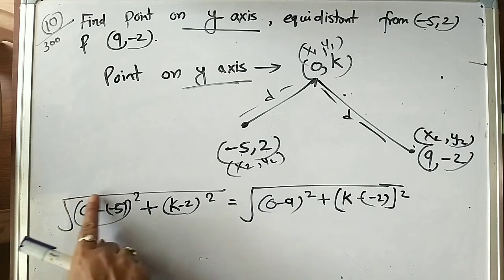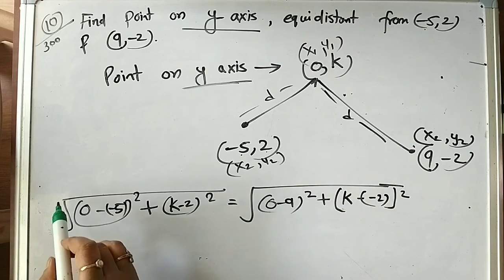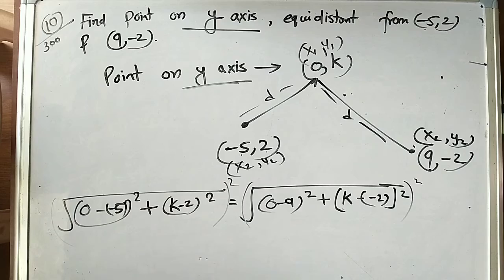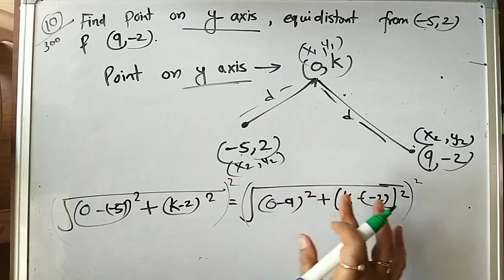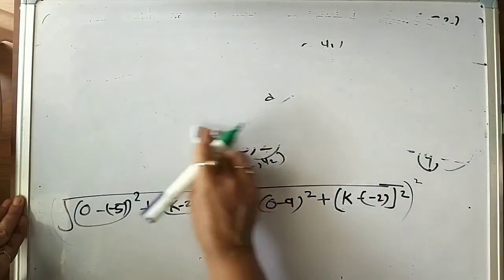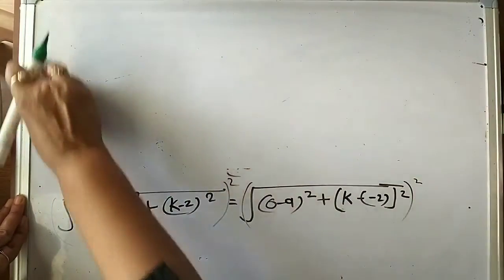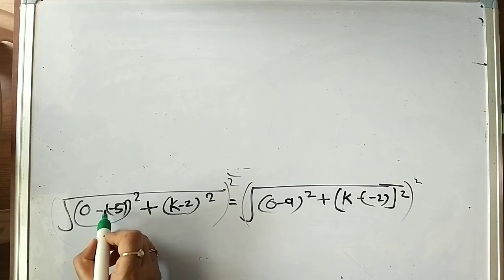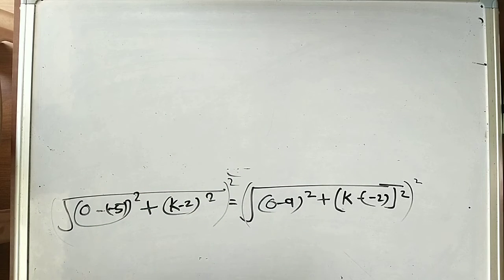To get rid of this root, what should I do guys? I should square both sides, correct. If I square both sides, the root will disappear, so I will get this only. This minus and minus will become plus.